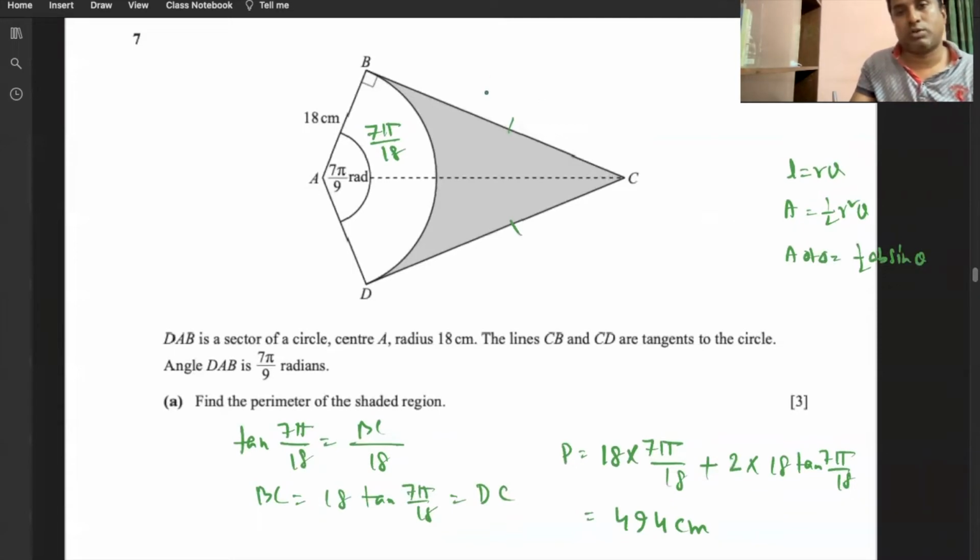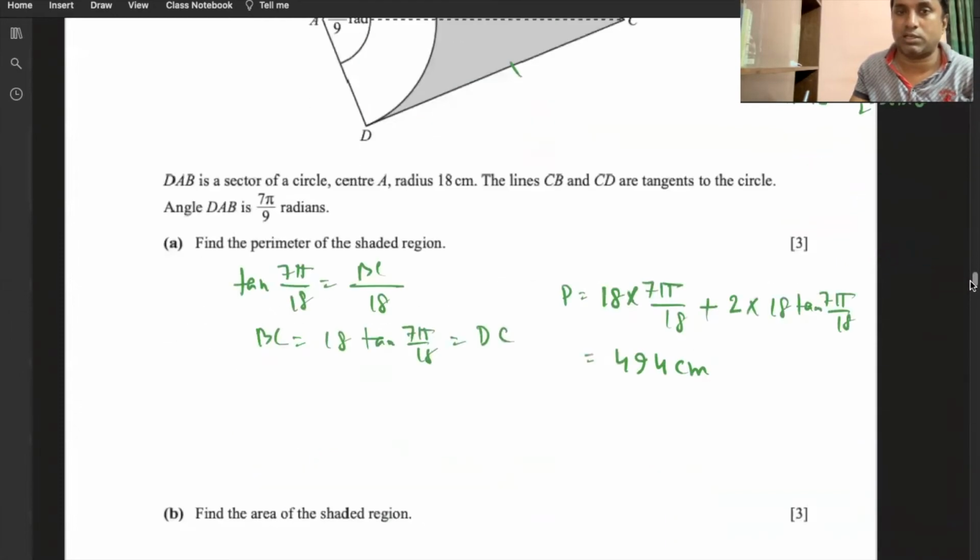We have this one as 18, 10, 7 pi by 18. Now let me consider this as base and this as height: half base into height, two times, and then the area of sector.